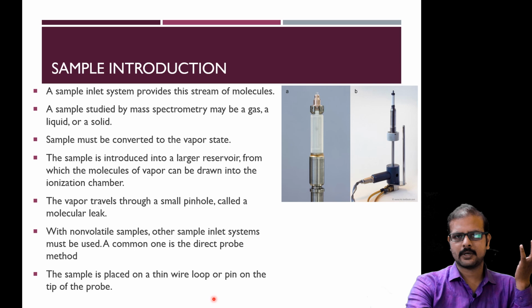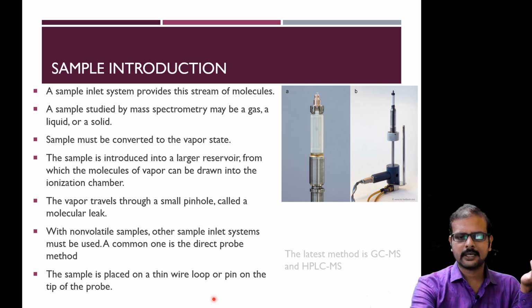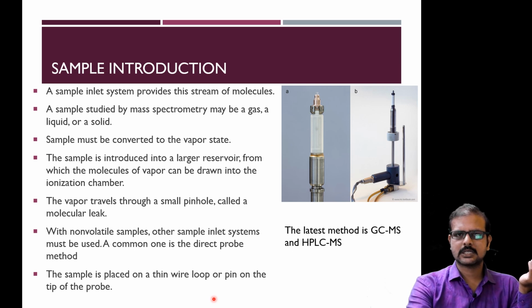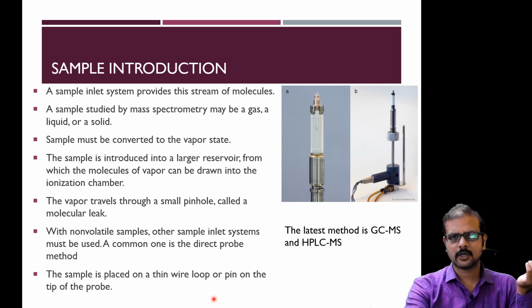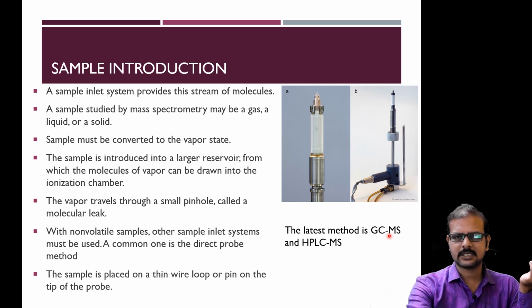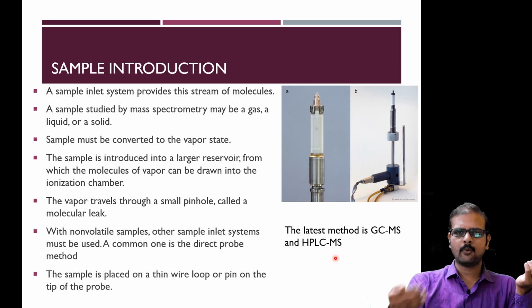Nowadays, modern technology uses GC, that is gas chromatography, attached to the mass spectroscopy, called GCMS, or liquid chromatography attached to the mass spectroscopy, also called LCMS. These two are the modern techniques where the gas chromatography already converts the molecules into the gas form. Then it sends the molecules one by one according to the separation.